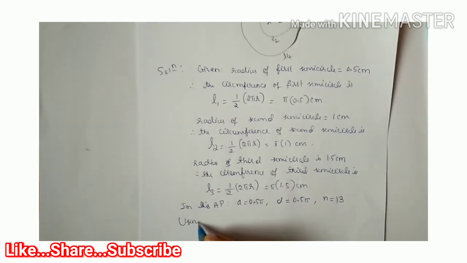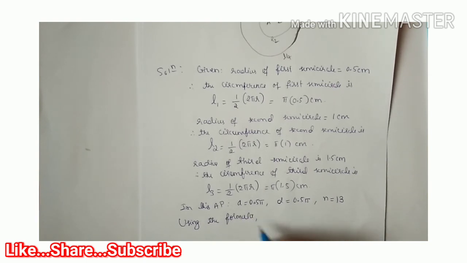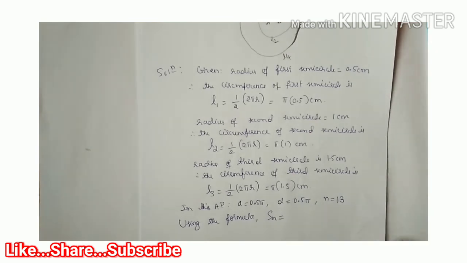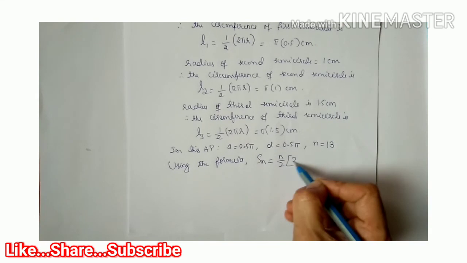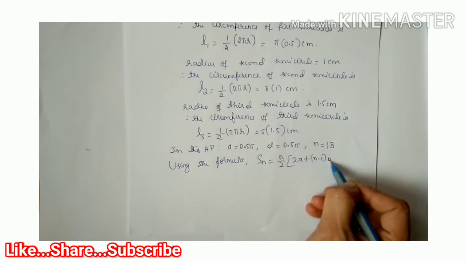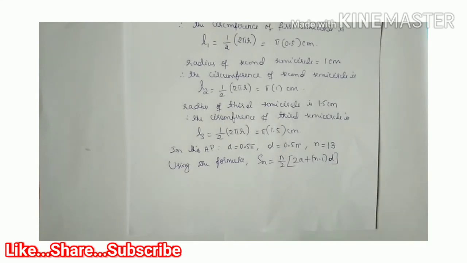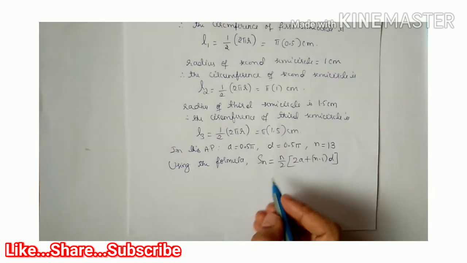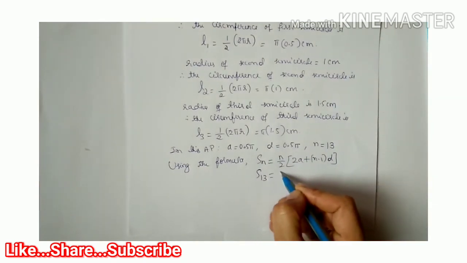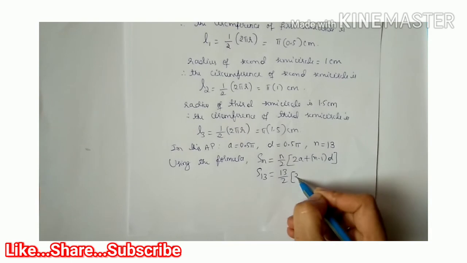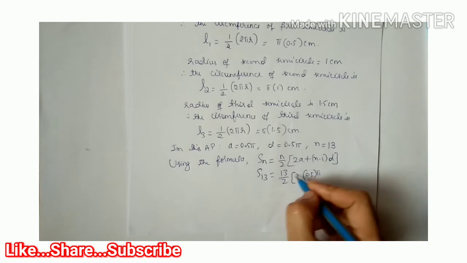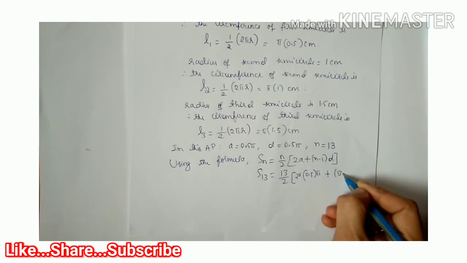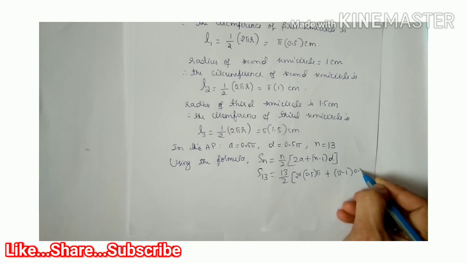Using the formula Sn is equal to n by 2, 2a plus n minus 1 into d. S13 is equal to 13 by 2, 2 into a, 0.5 pi, plus 13 minus 1, d is 0.5 pi.